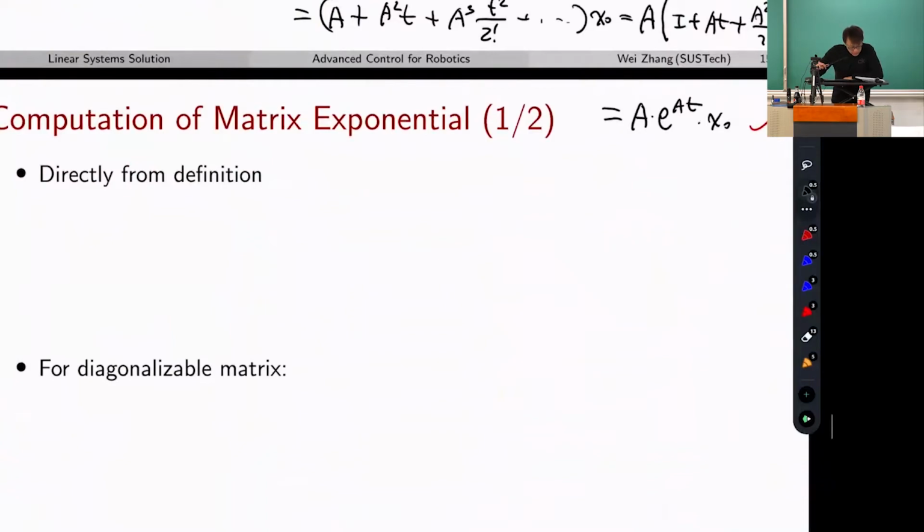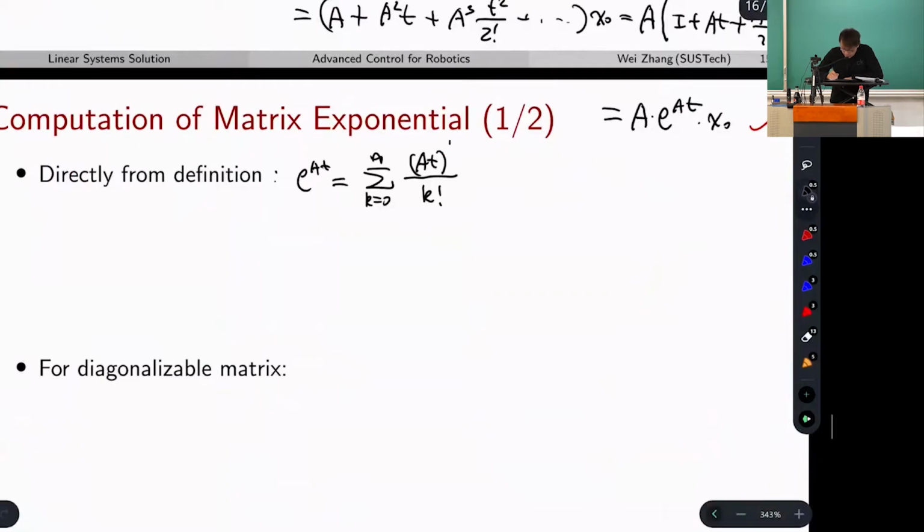Typically, by definition, of course, you can sum from 0 to infinity, A to the k t to the k over k factorial. Given any t, you can compute it like this.